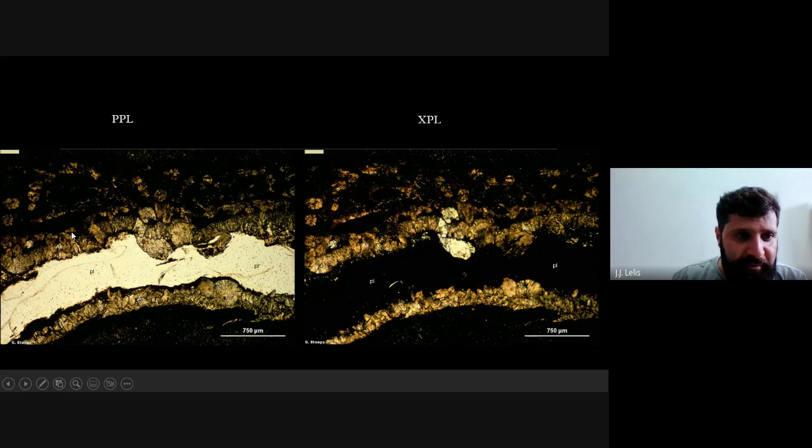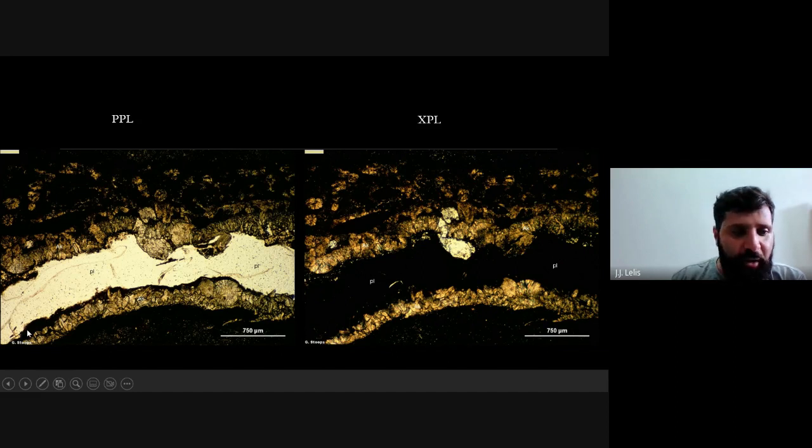Here we can see some voids, like this white region. It's a planar void, but we can see a dark material here that's coating the void. And when we see this in XPL, we can't see this coating. So just for comparison, here we are seeing some clay coating that is not well organized.